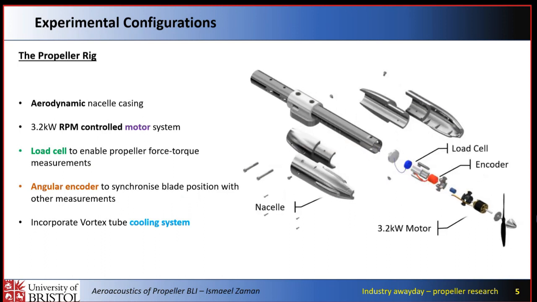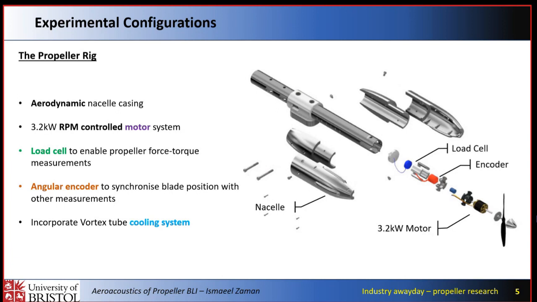Common to both of those configurations is the propeller rig. This wasn't a simple thing to design. It has special specifications and requirements. First thing being that the nacelle casing had to be somewhat aerodynamic to reduce its effect on the flow field.